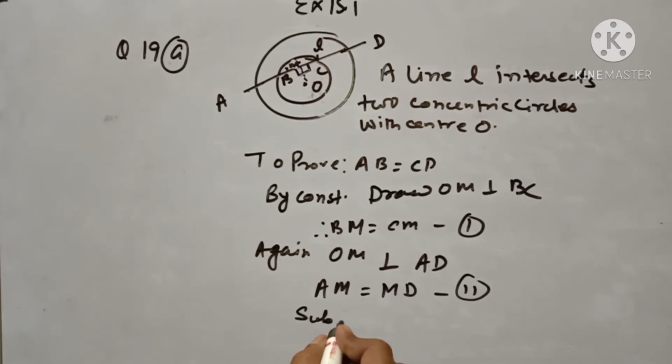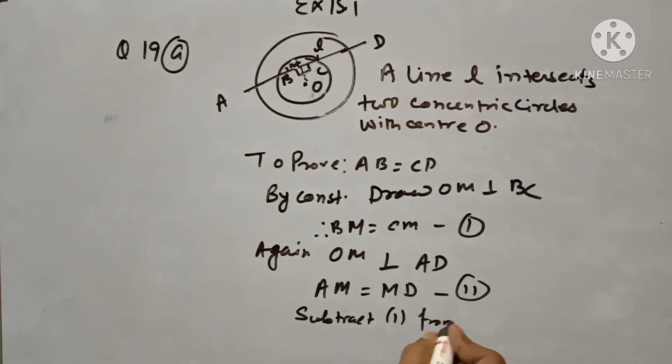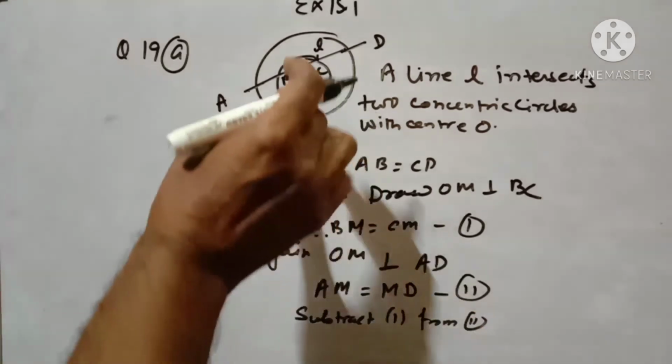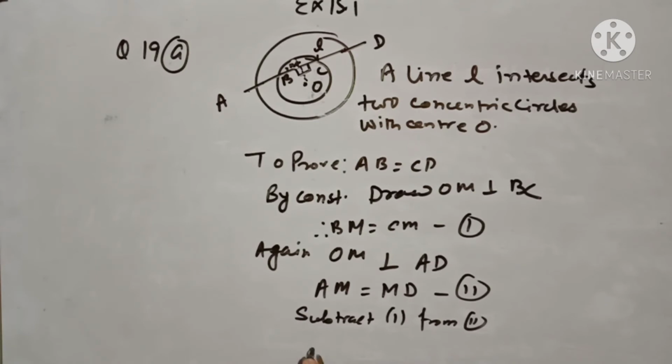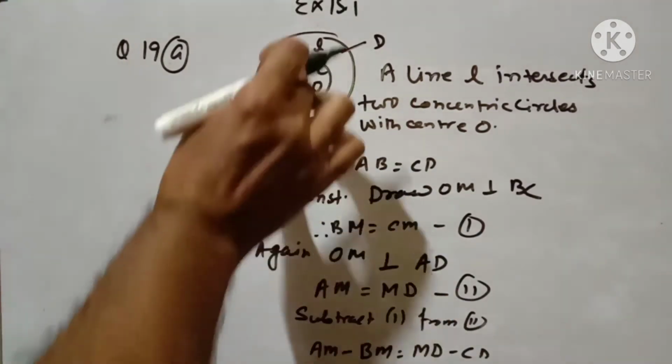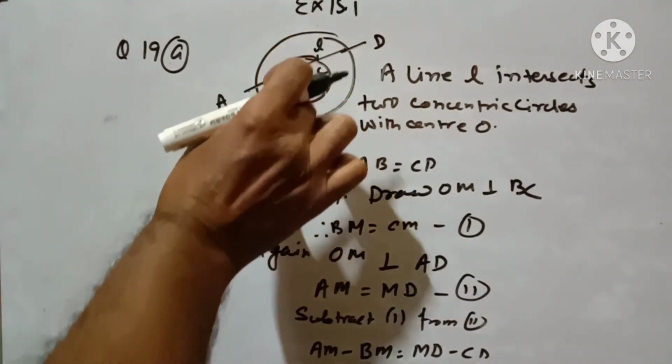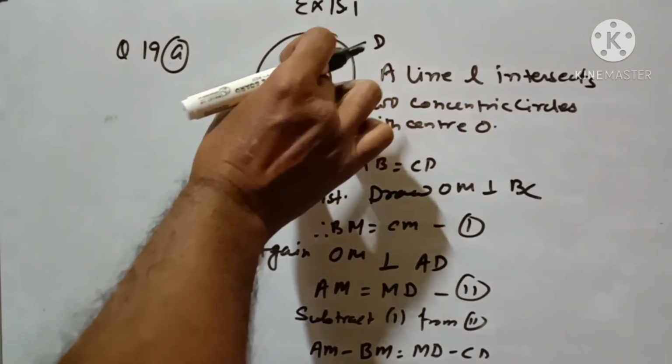Subtract 1 from 2. So our 2 is AM minus BM equal to MD minus CM. Now AM minus BM, what is the remaining part?